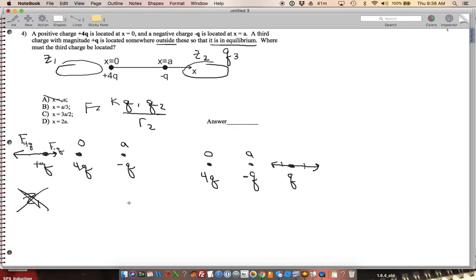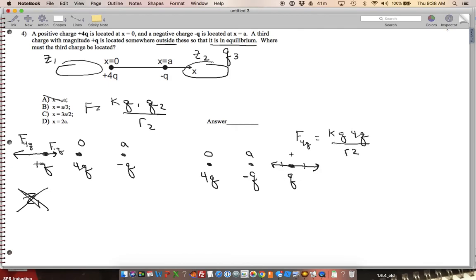So now what I want to do is put this charge in a spot where these two forces are equal. So let's write what that is. The force here, due to the 4Q, is going to be F 4Q equal to K, Q times 4Q over R squared.